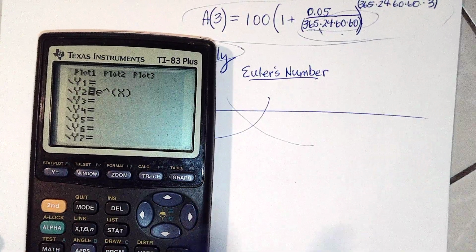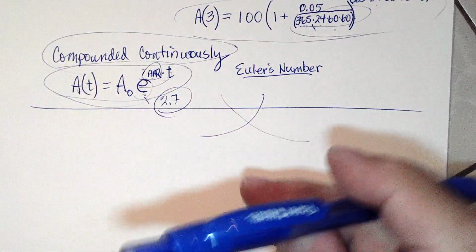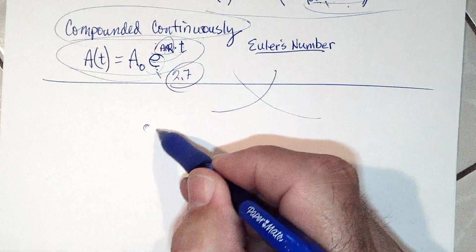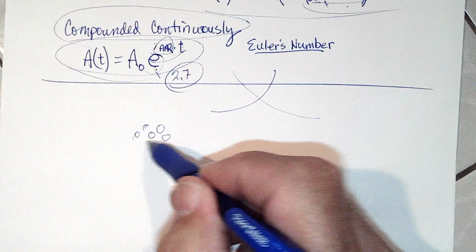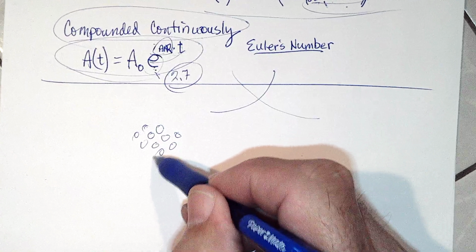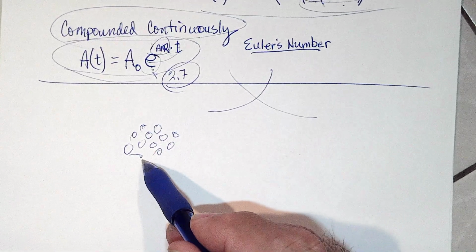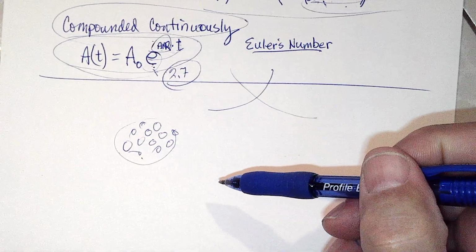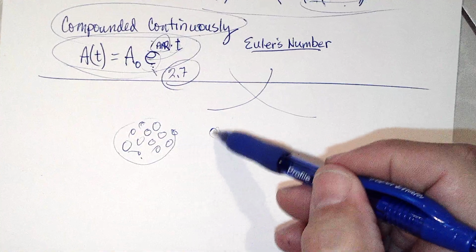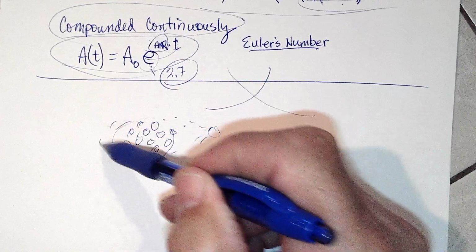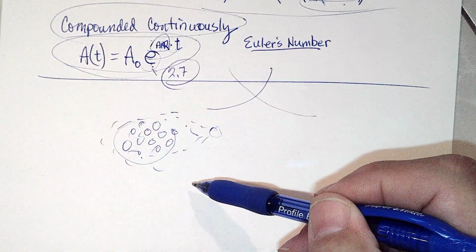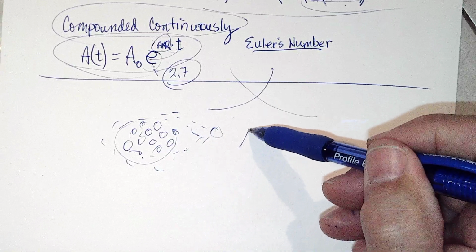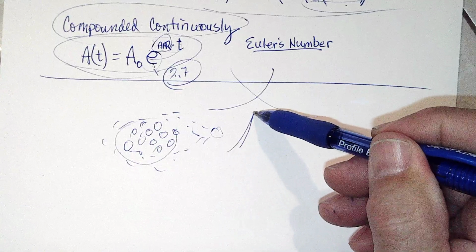And the reason that is important is if you have a few people in a town, then how fast the community is growing will be based on how many people are there. If you're in a big city where there's thousands of people, then the rate of growth of that city will be steeper.